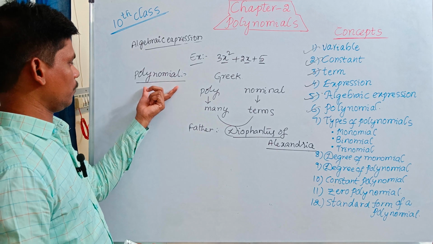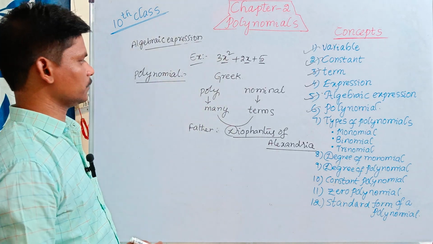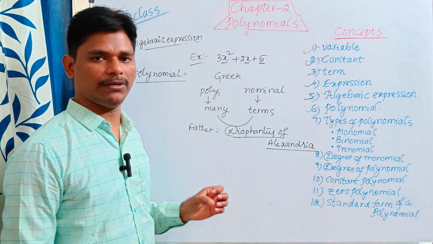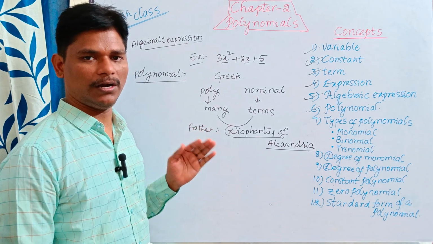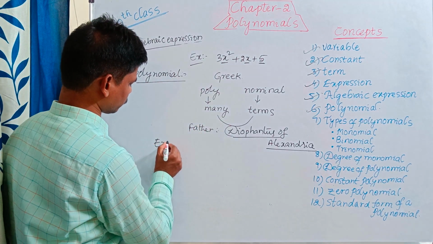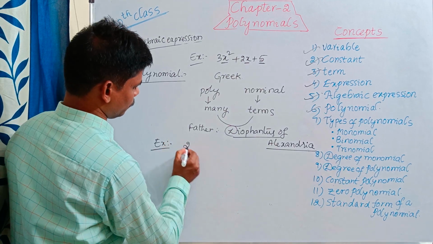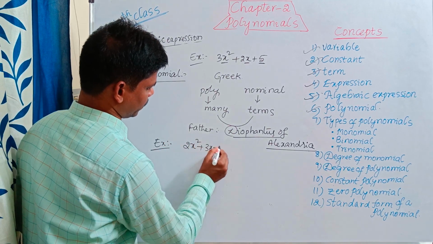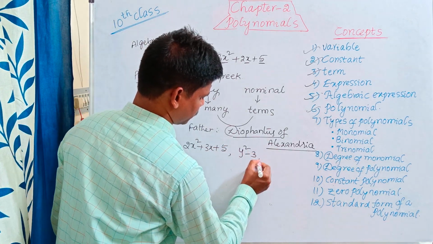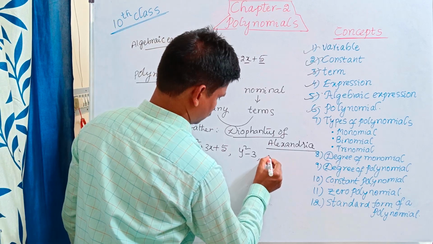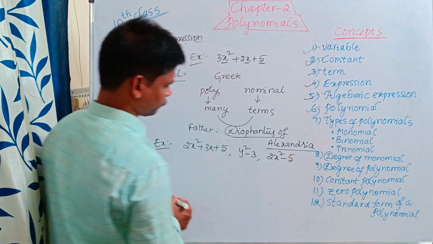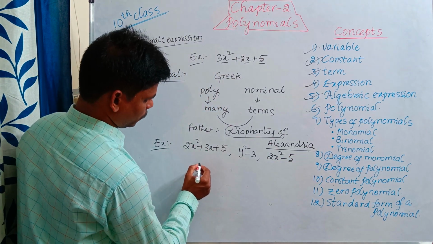So, what is a polynomial? How is it defined? It is an algebraic expression involving variables with non-negative integral powers. For example, 2x square plus 3x plus 5, y square minus 3, 2x square minus 5, and so on.